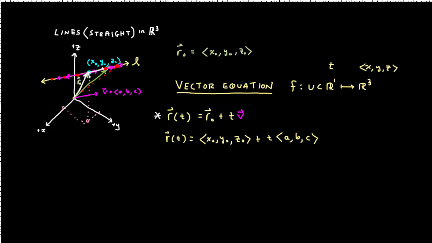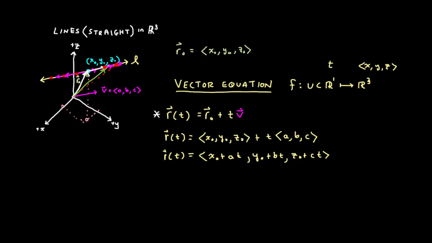Another alternative way to write this is you can say that the x component is going to be x naught plus a times t, comma, y naught plus b times t, and z naught plus c times t.